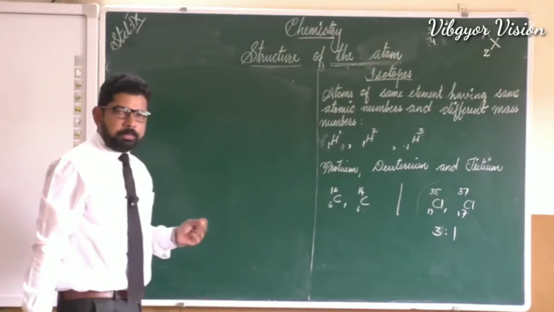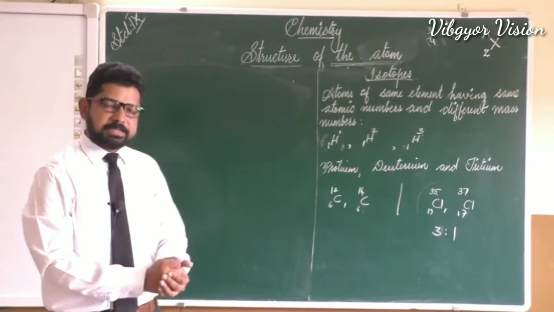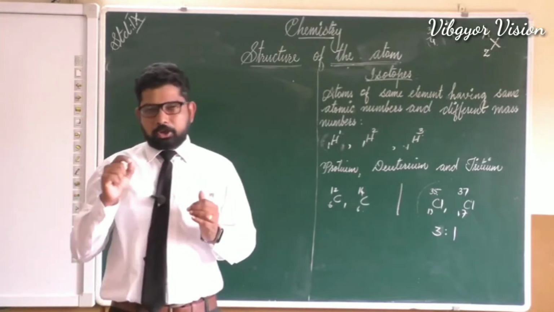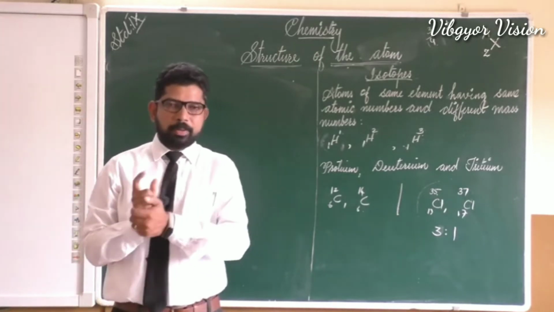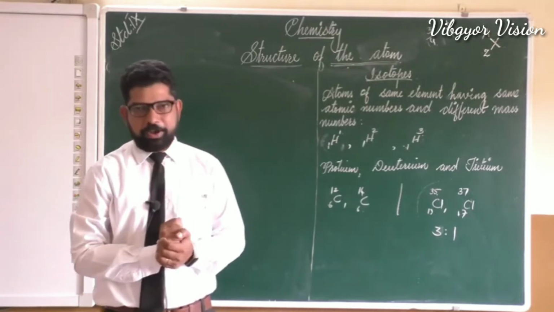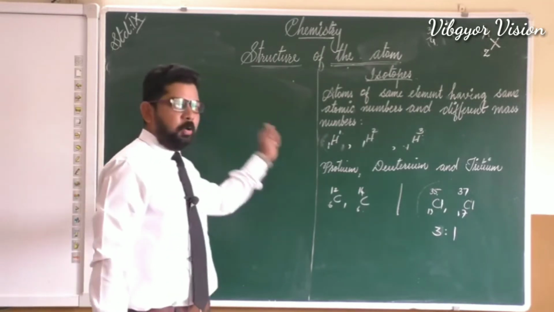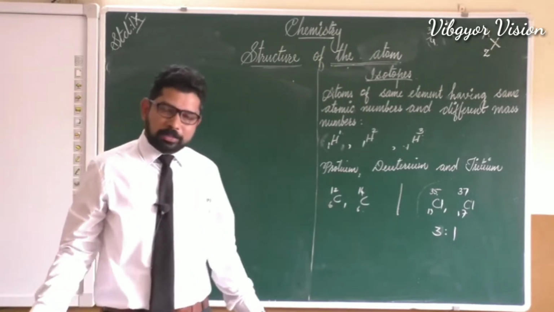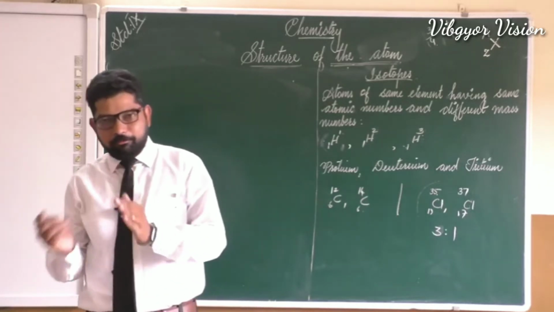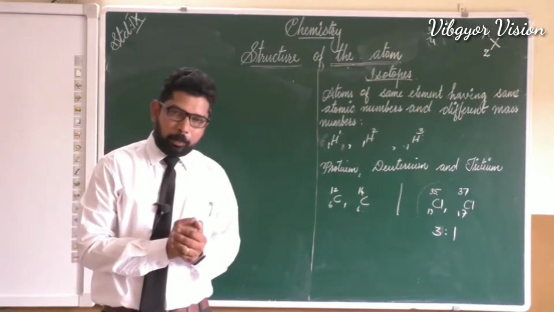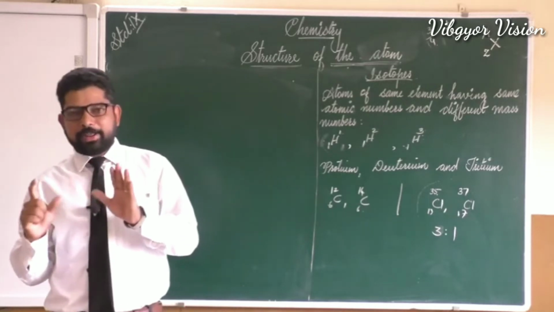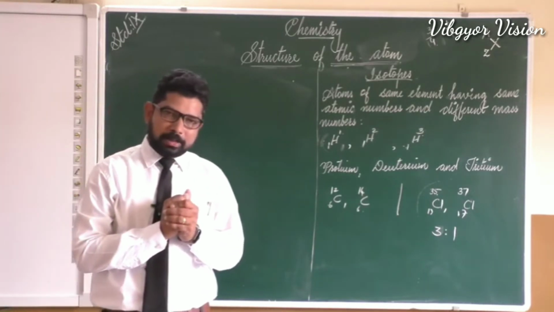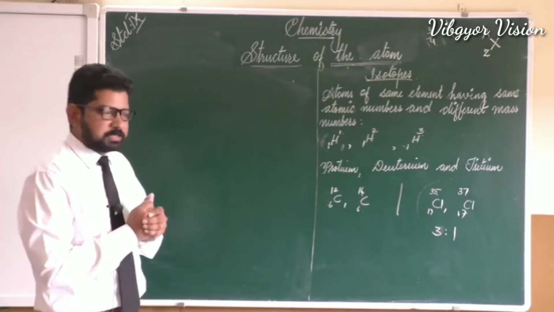In the previous lesson, lesson 3, we learned the atomic mass of chlorine. What is the atomic mass of chlorine? 35.5. We will see how we got 35.5, because there is no chlorine atom with mass 35.5.